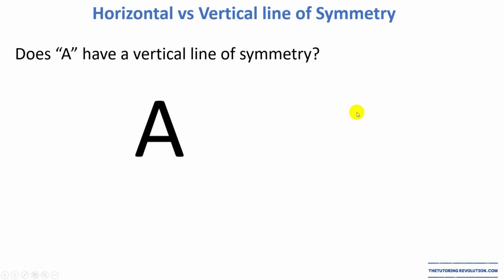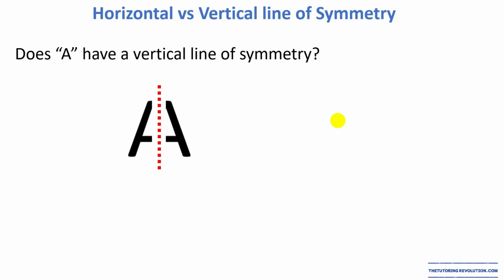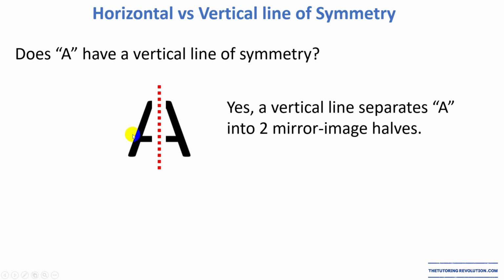So this is capital A, and we're going to draw a vertical line that passes through the very middle of A, and we're going to split it so we can appreciate that the left and the right parts are mirror image halves. So yes, the vertical line is a line of symmetry because it separates both halves that are exactly mirror images of each other.